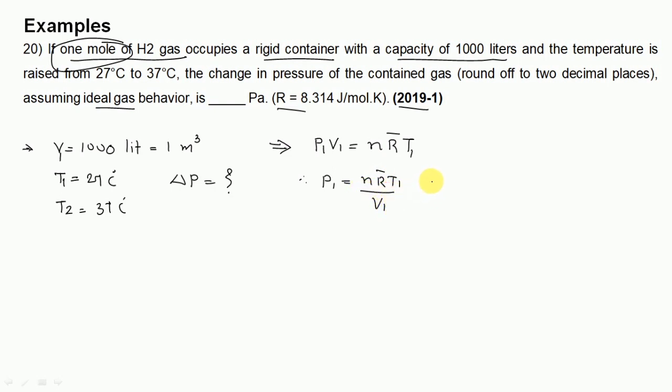Here n is given as 1 mole, so n equals 1. R is also given per mole, 8.314, times temperature T1. T1 is 27 degrees, which converted to Kelvin is 300, and volume is 1.